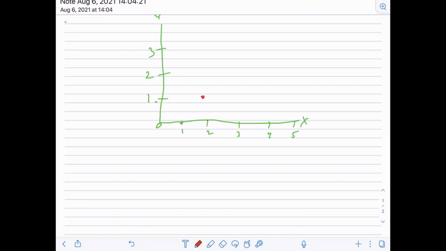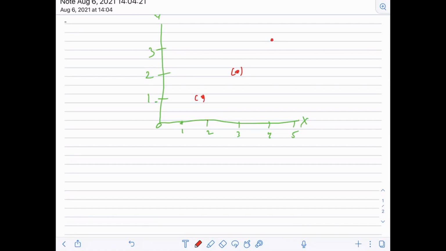When my x was 3, my y was 2. When my x was 4, my y was 3, right? When my x was 3 again, my y was 2.